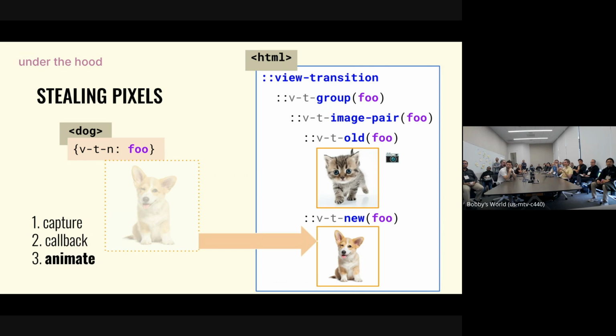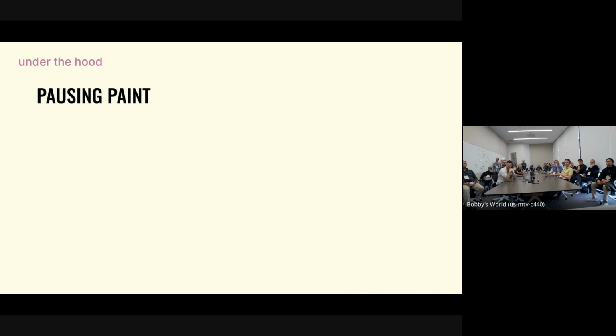And these pseudo elements, remember, they're not necessarily in the same place or have the same draw properties applied to them as the live element. So this lets us have essentially views of that element that we can style differently and animate all of the transition effects between the old and the new state. So there's a bunch of compositor magic behind the scenes to make that possible.